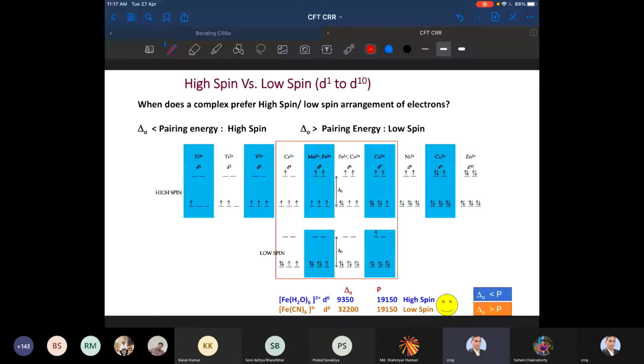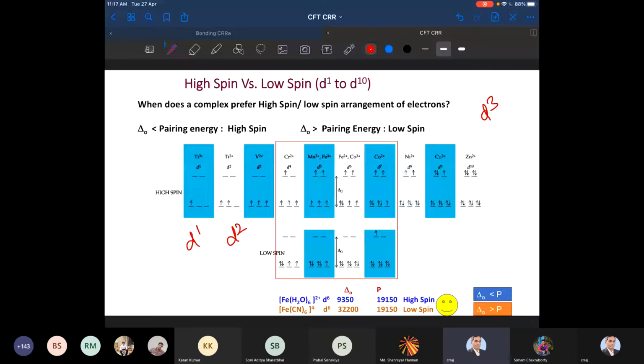What we have here is starting from d1. Here is your d1, that is titanium 3+, and then d2, and then it goes on d3, d4, d5, d6, and so on. Here, what we need to understand is how we fill up the electrons. Up to d3, there is no problem.